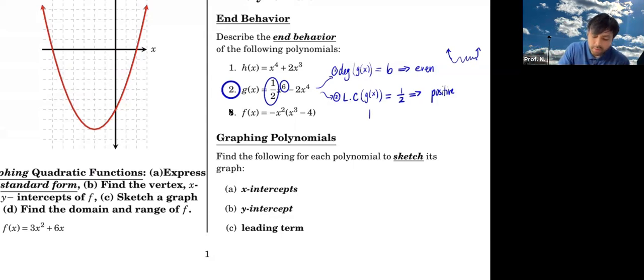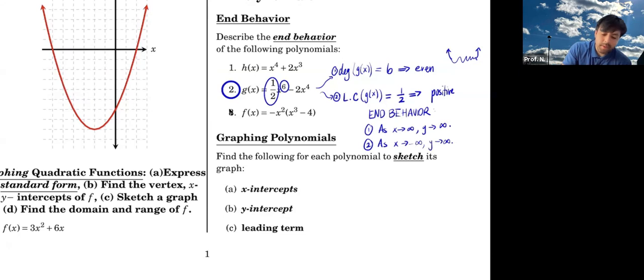So the end behavior for this polynomial is 1, as x goes to infinity, y goes to infinity, and 2, as x goes to negative infinity, y goes to positive infinity as well. Okay? And that would be it. This is my end behavior for g of x.